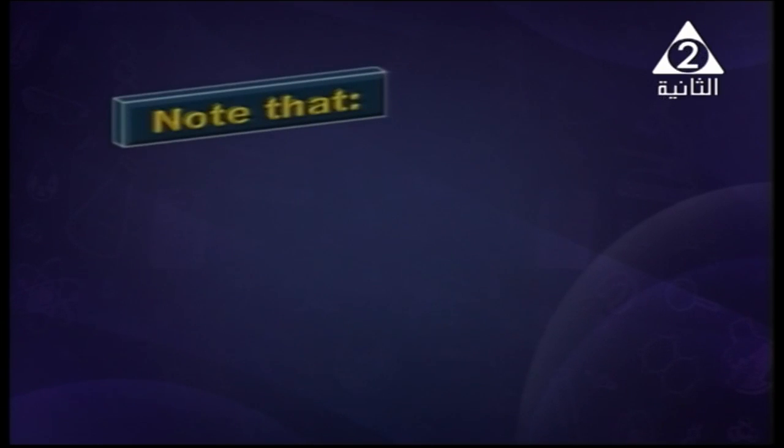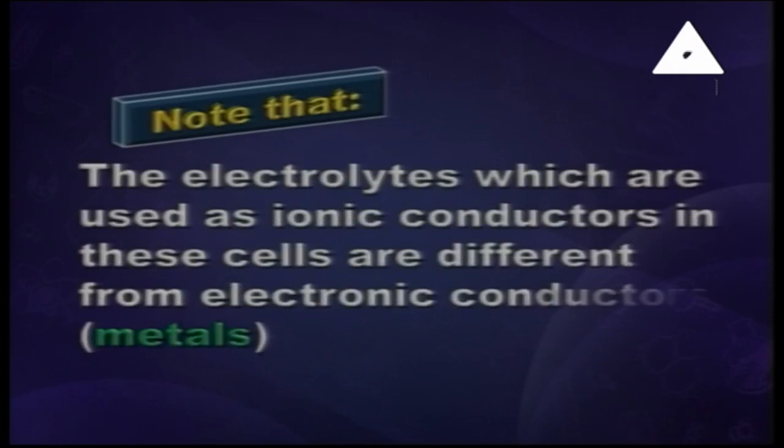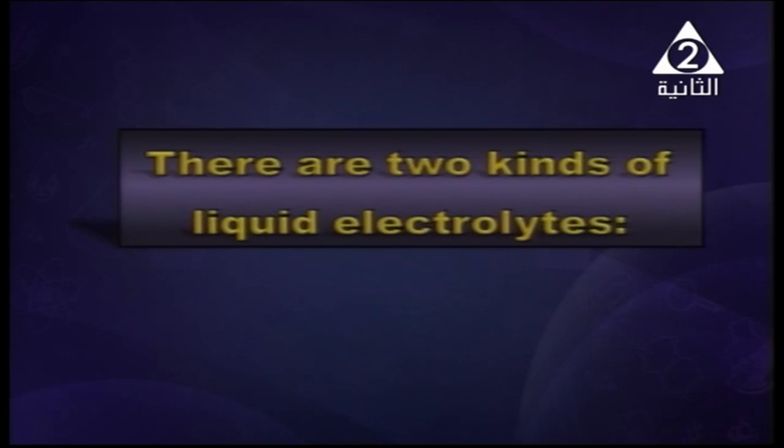A very important note about electrolytic cells: the electrolytes which are used as ionic conductors in these cells are different from electronic conductors, which are metals. There are two kinds of liquid electrolytes.